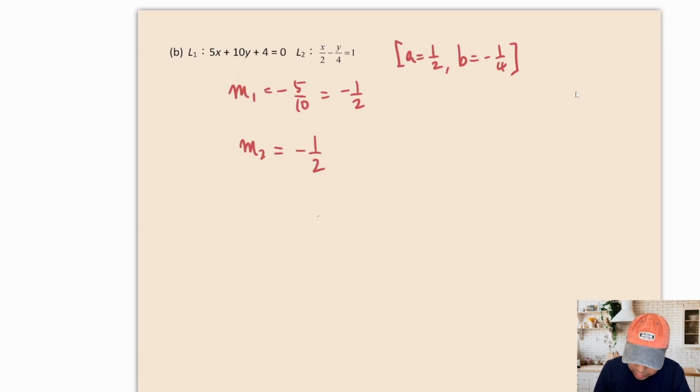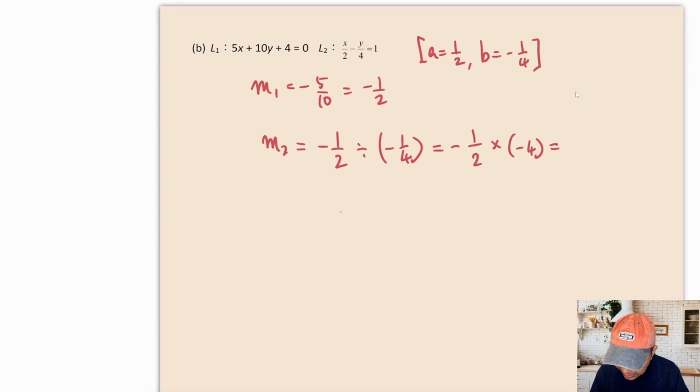That's negative a over b, and b is negative 1 over 4. So negative 1 over 2 times, interchanging the numerator and the denominator, negative 4. So the answer for this one is 2.